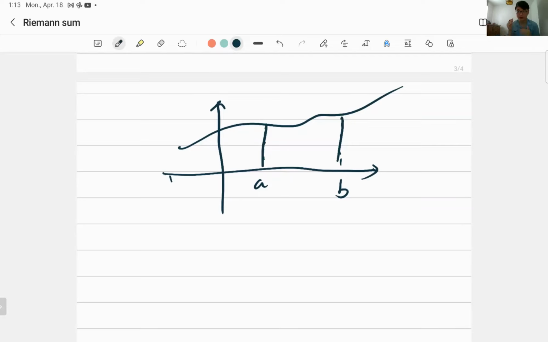The more rectangles I have, the more precise the area under the curve would be.